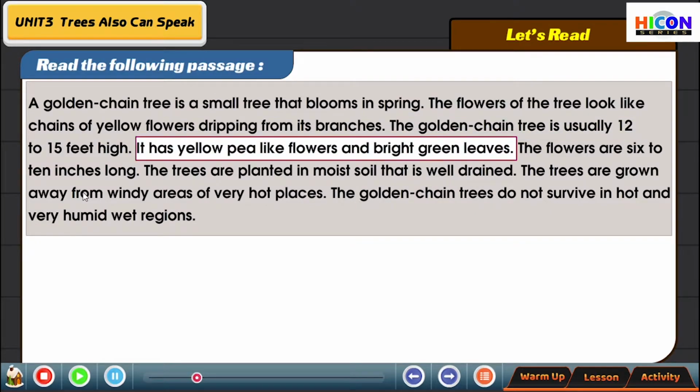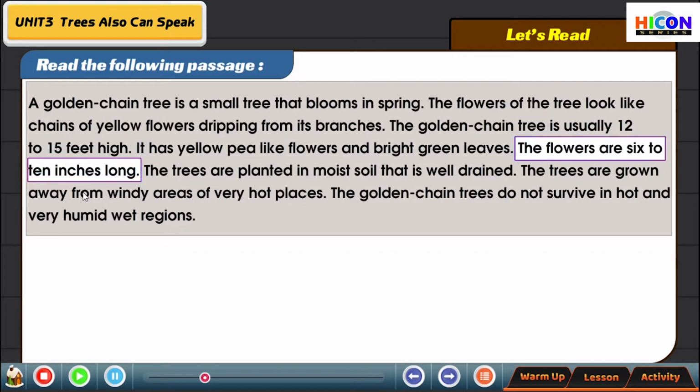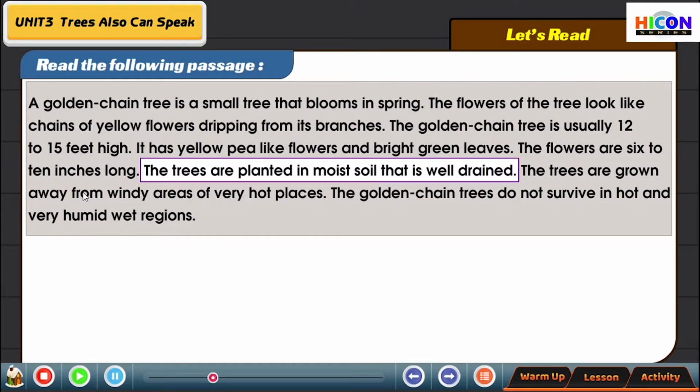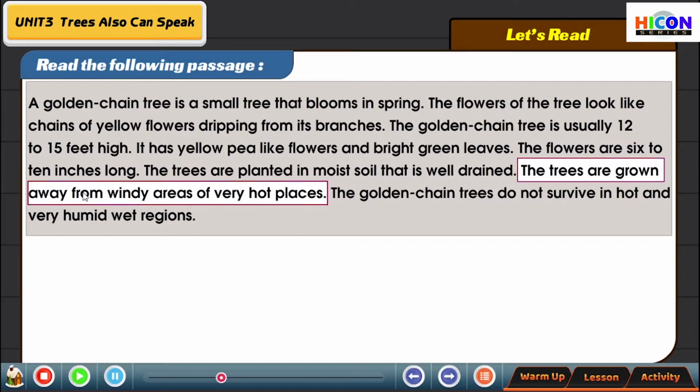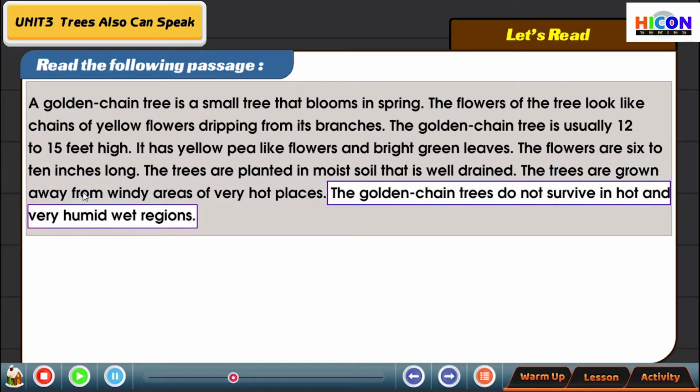It has yellow pie-like flowers and bright green leaves. The flowers are 6 to 10 inches long. The trees are planted in moist soil that is well drained. The trees are grown away from windy areas of very hot places. The golden chain trees do not survive in hot and very humid, wet regions.